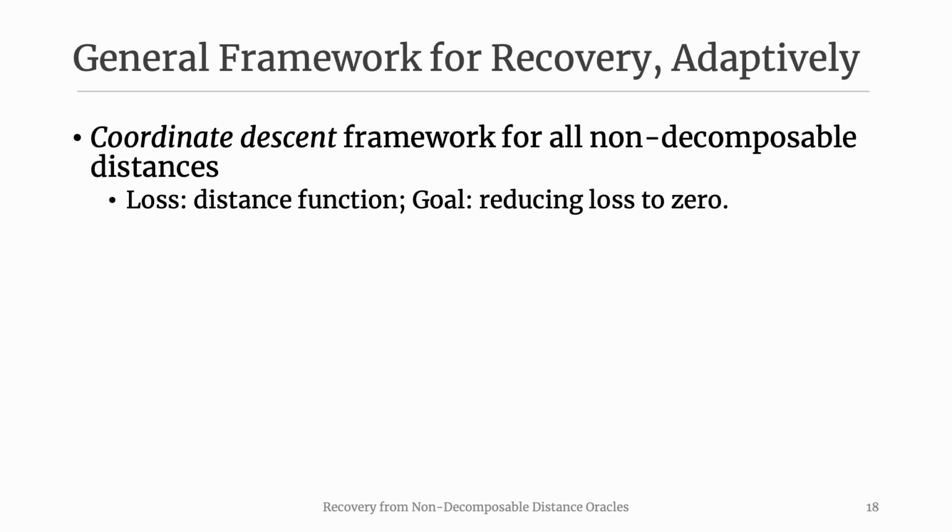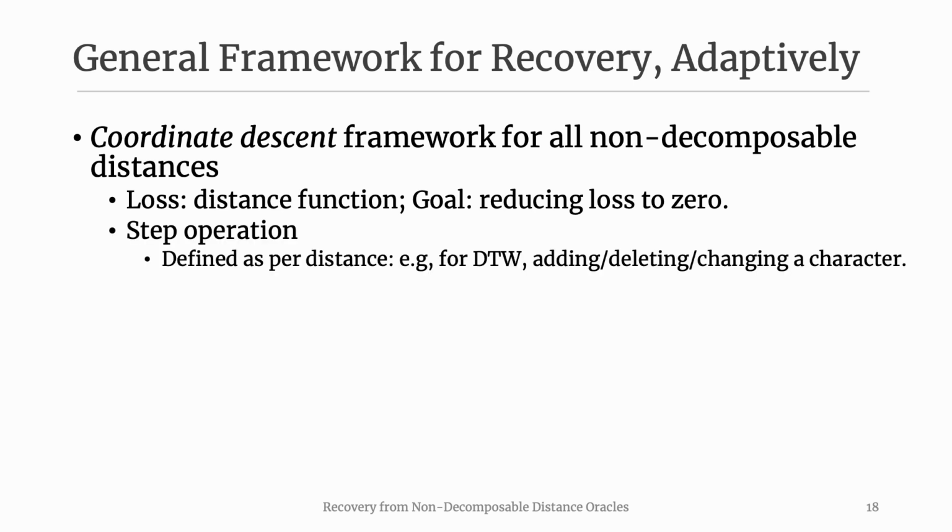Stated more formally, we define a step operation, which is defined per distance. For example, on added distance, a step operation is to add or delete or change a character. We know that one step operation can reduce the loss function by at most 1.